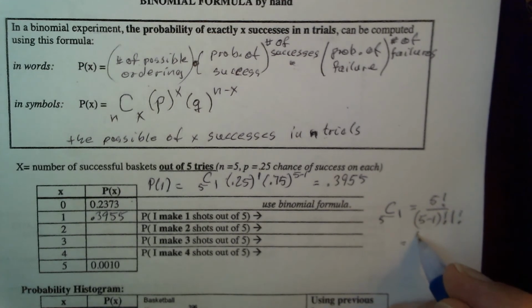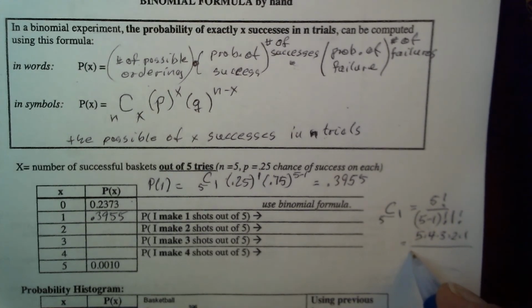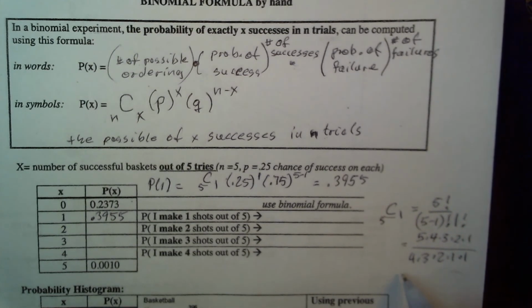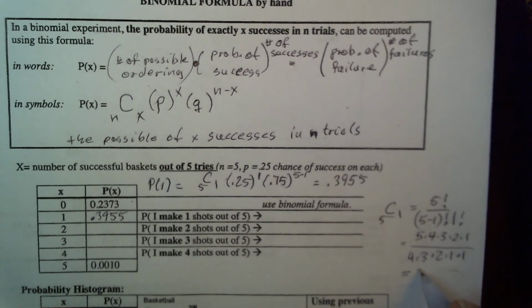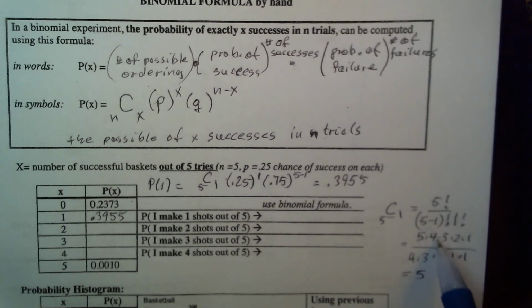So it'd be 5 times 4 times 3 times 2 times 1 divided by 4 factorial, which is 4 times 3 times 2 times 1, and then 1 factorial is simply 1. So these numbers cancel: the 4 against the 4, the 3 against the 3, the 2 against the 2, and the 1 against the 1, and that is equal to 5.